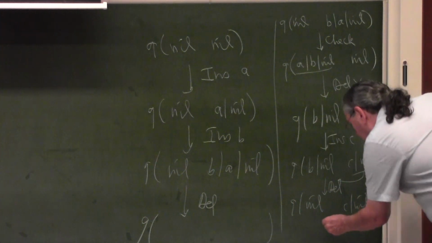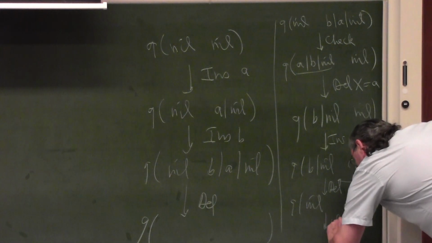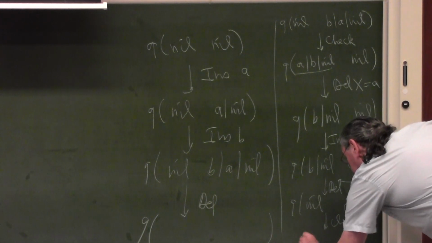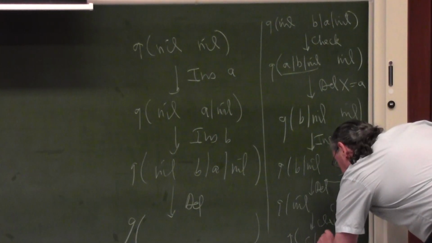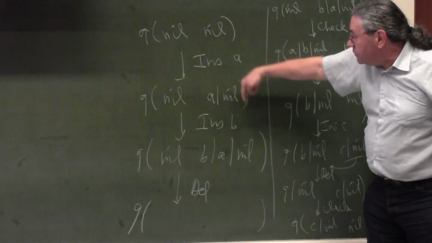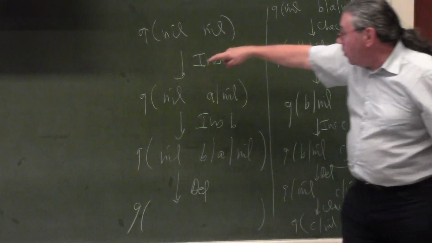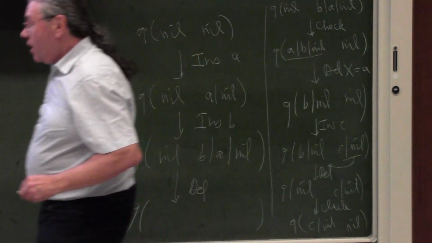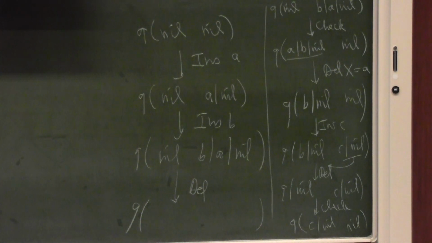And now I can do check to bring the C in the front. Like that. So you see how it's working? The inserts are always going to the end, and the deletes are always coming to the front. And sometimes I have to move the back to the front. So the back to the front using the check operation.